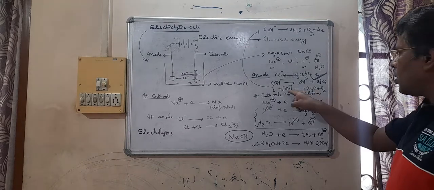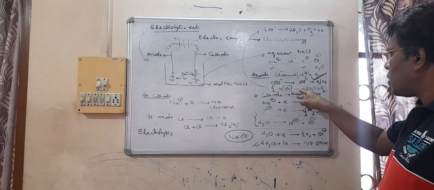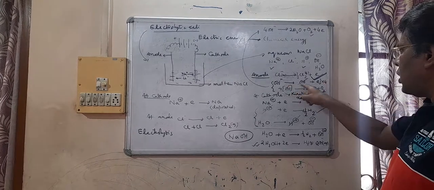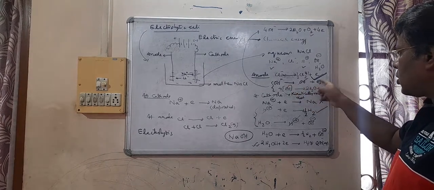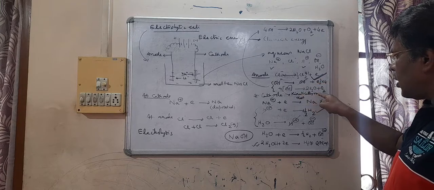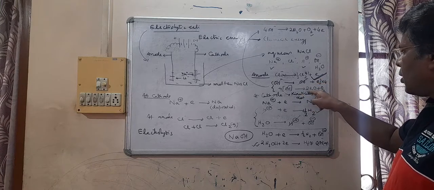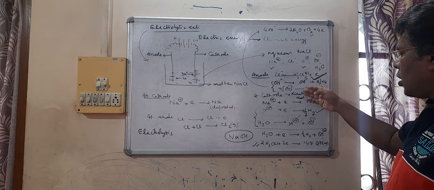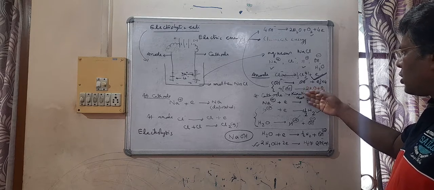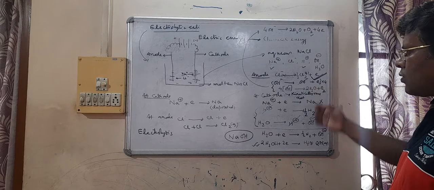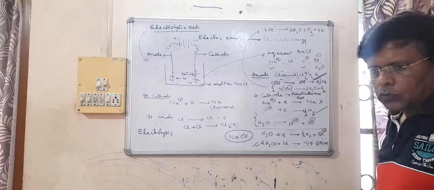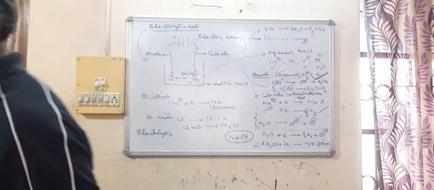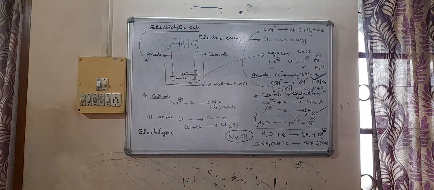The reason why this process, in spite of having more oxidation potential, doesn't happen is, as I already said, it is a kinetically slow process, and it requires more voltage for oxygen. This phenomenon is called overvoltage. That's why it doesn't happen.